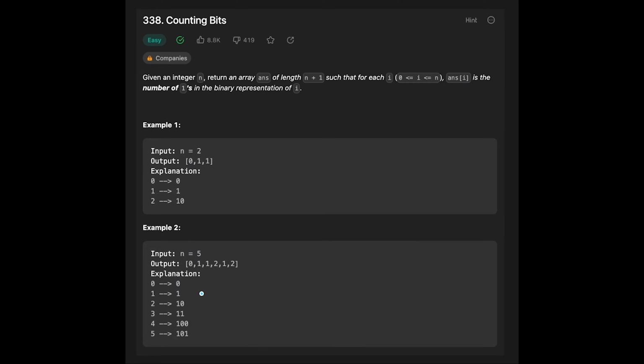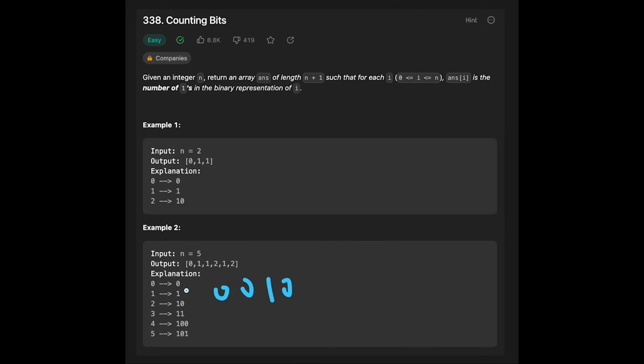That's because the binary representation of 0 is 0, right? 1 is 1. And 2 is like 0, 0, 1, 0, something like that. So there is only one 1 in the binary representation.